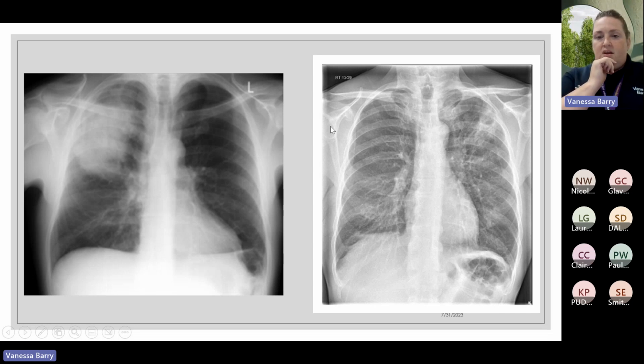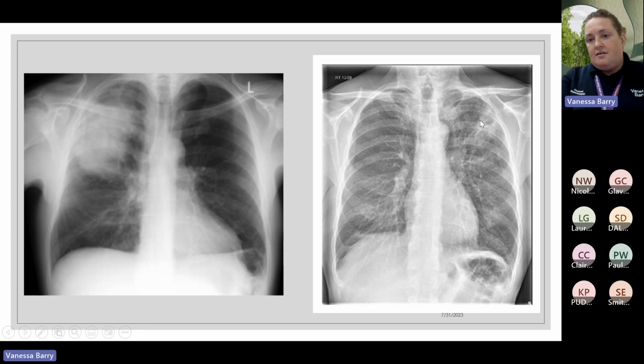Just a couple of examples of what we're looking at, and sometimes it looks very different on chest X-rays. You'll recognise the typical wedge shaping, but these are slightly different ones. I just thought I'd show you. The first one is right upper zone, and the left one there is more abscess related, so it looks very different in the left upper lobe.